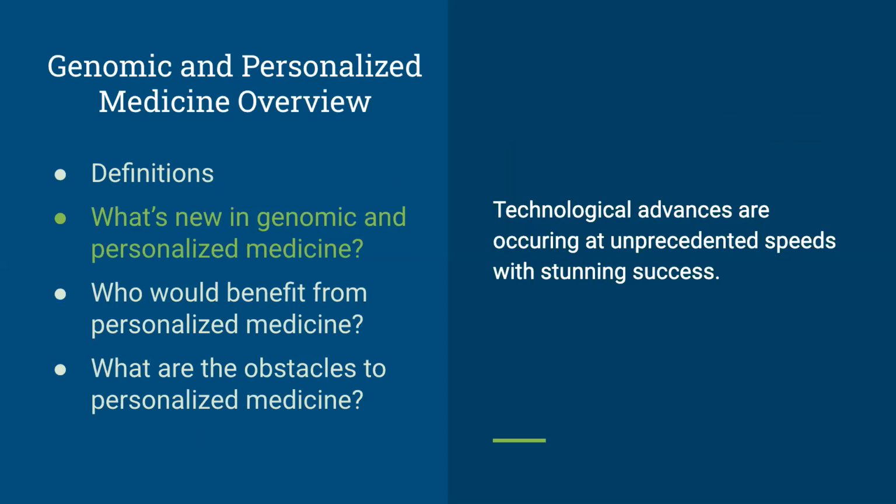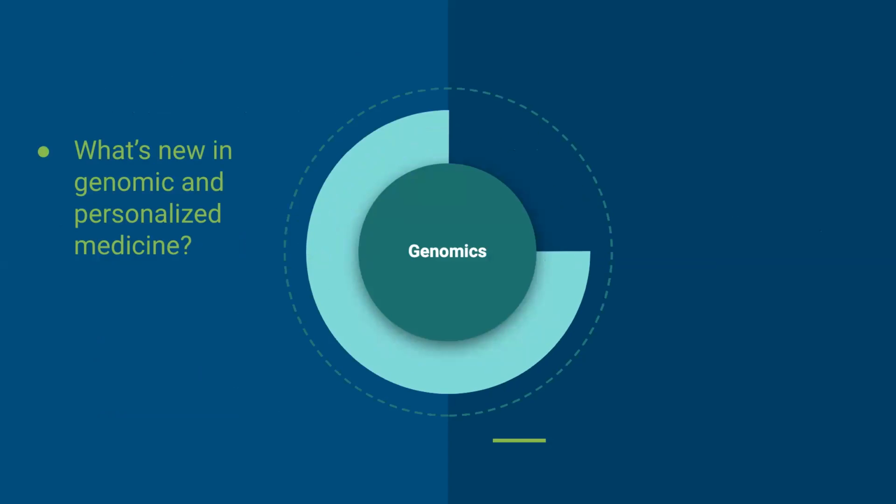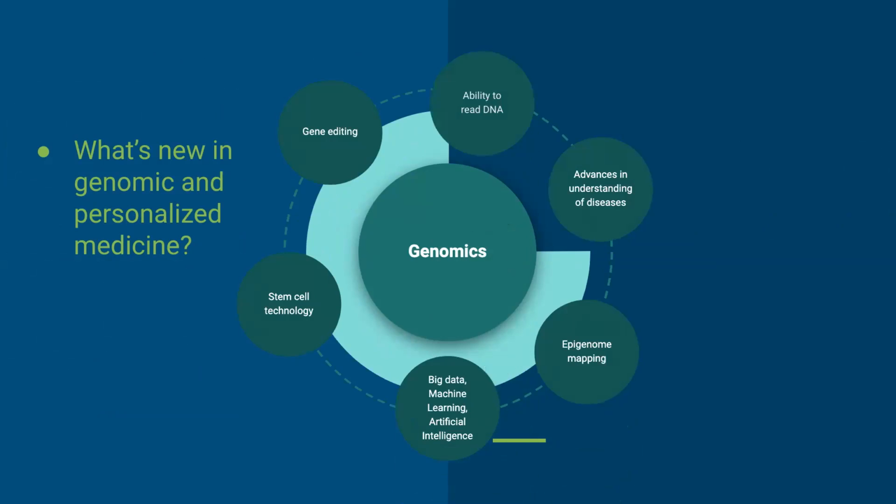So what's new in genomic and personalized medicine? Technological advances are occurring at unprecedented speeds with stunning success. So we have genomics improvements. We have gene editing now. We have advances in the understanding of disease, stem cell technology.